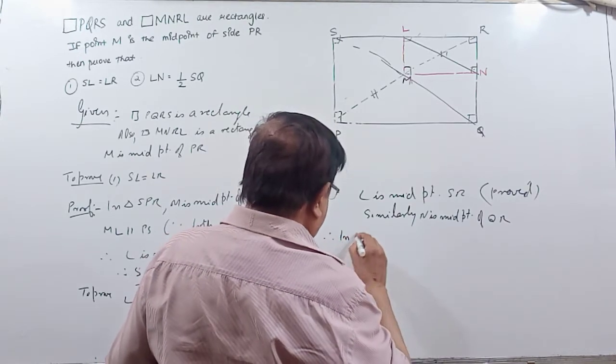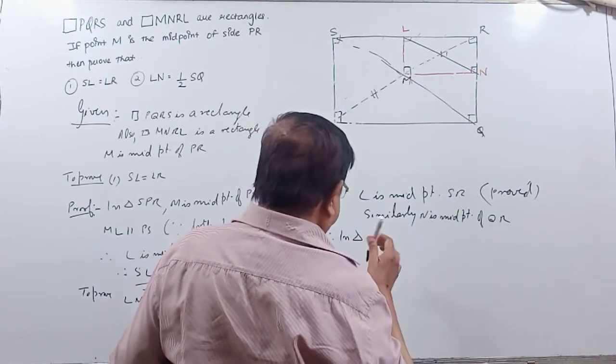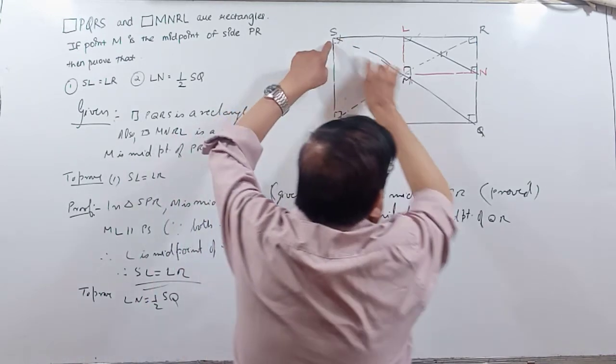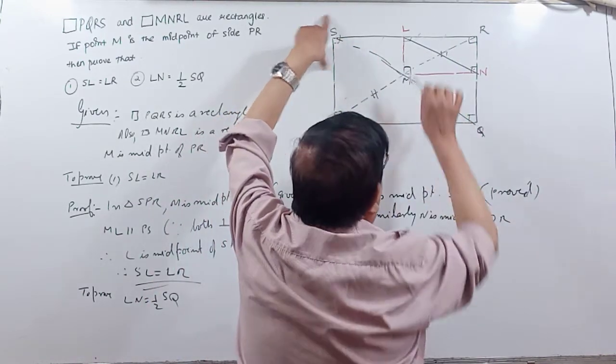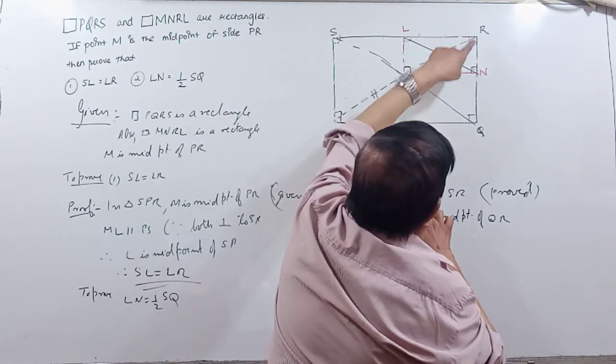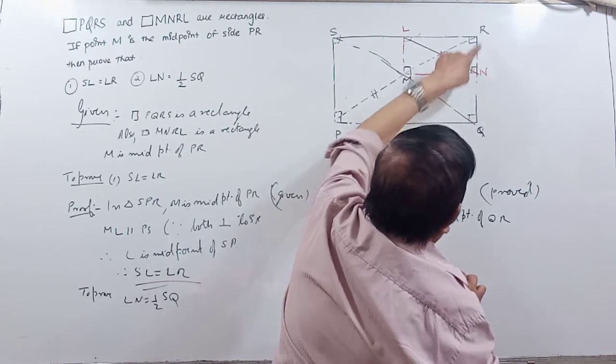Therefore, in triangle SQR, L is the midpoint of this side and N is the midpoint of this side.